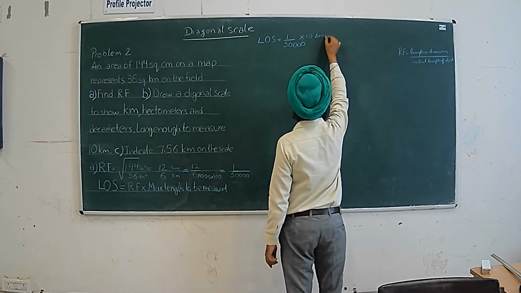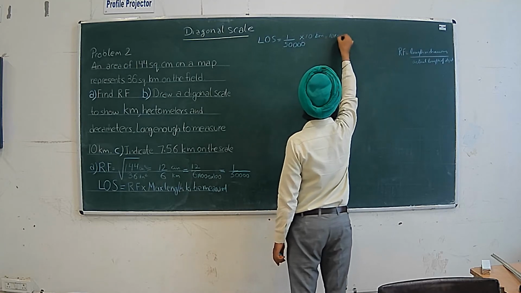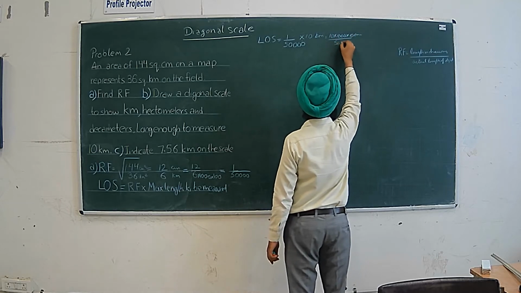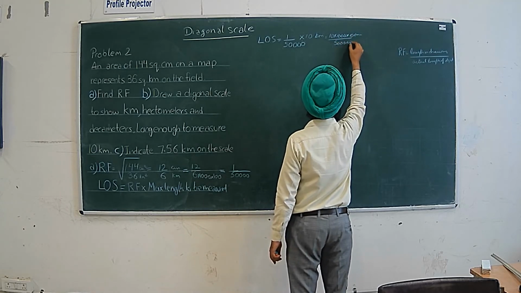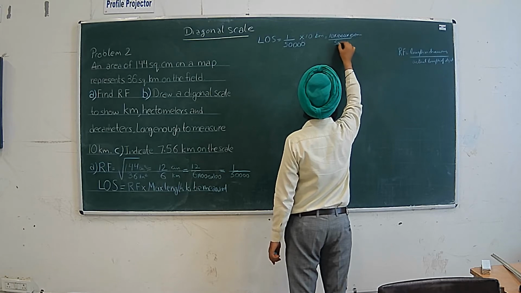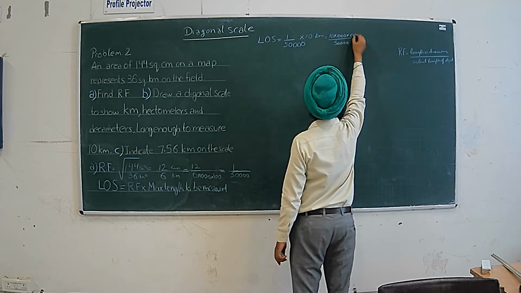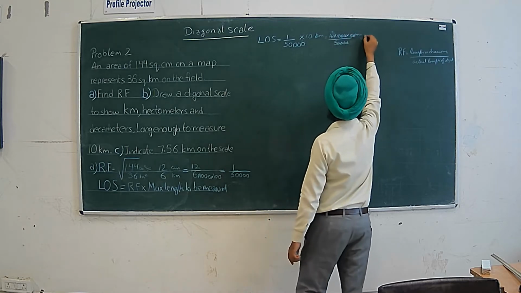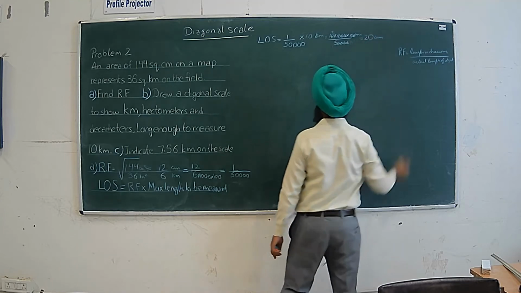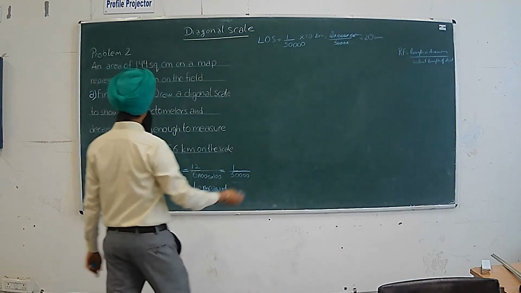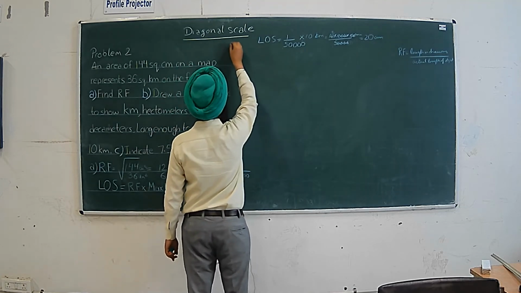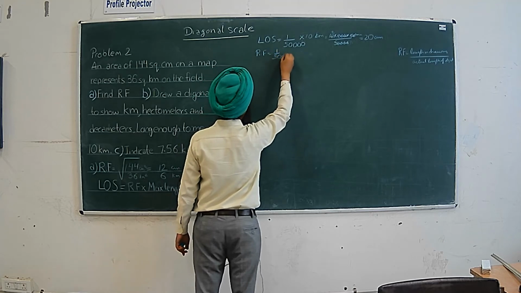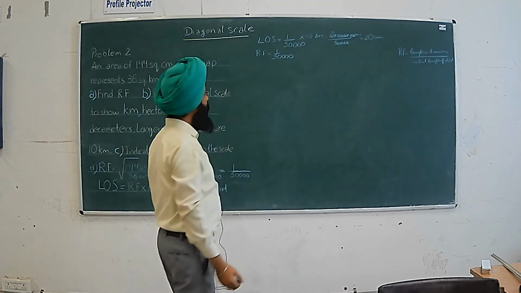Converting the units, we get 10 into 1000 into 100 centimeter upon 50,000. Okay, so 4 zeros cancel out, 5 2s are 10, it comes out to be 20 centimeter. So RF is 1:50,000 and LOS is 20 centimeter.